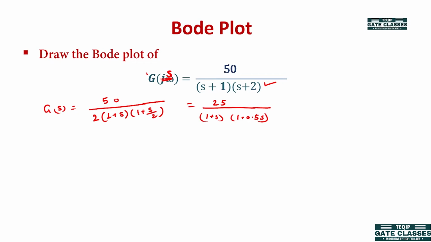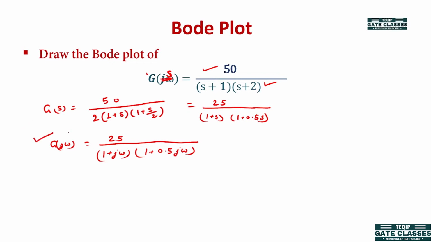So in frequency form it is 25 upon (1 plus j omega) and (1 plus 0.5 j omega). So our first step is to convert the open loop transfer function into time constant form.